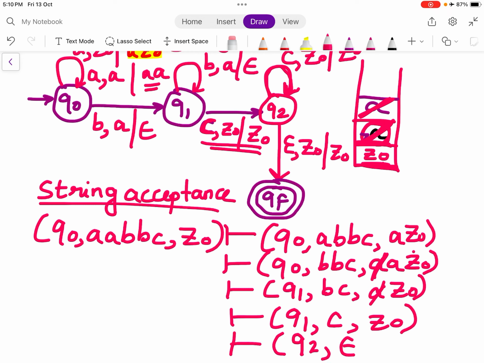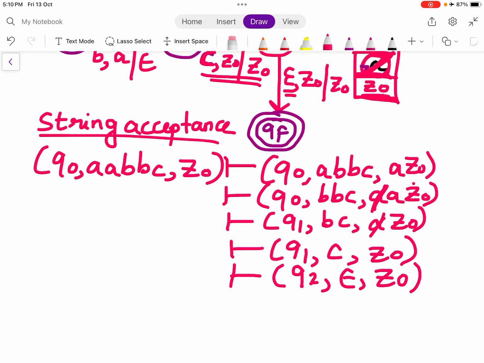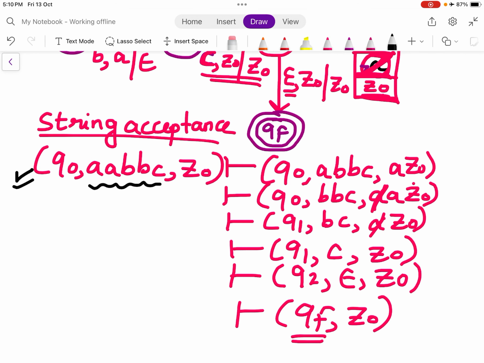So Q2, epsilon, Z0. Q2 on epsilon goes to the Q final state and there is a Z0. Because it is reaching the final state, we will say that this string is accepted.